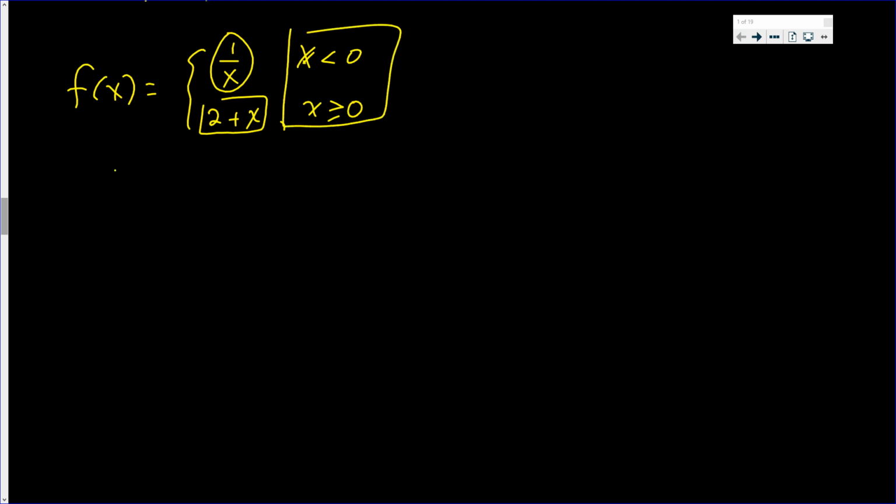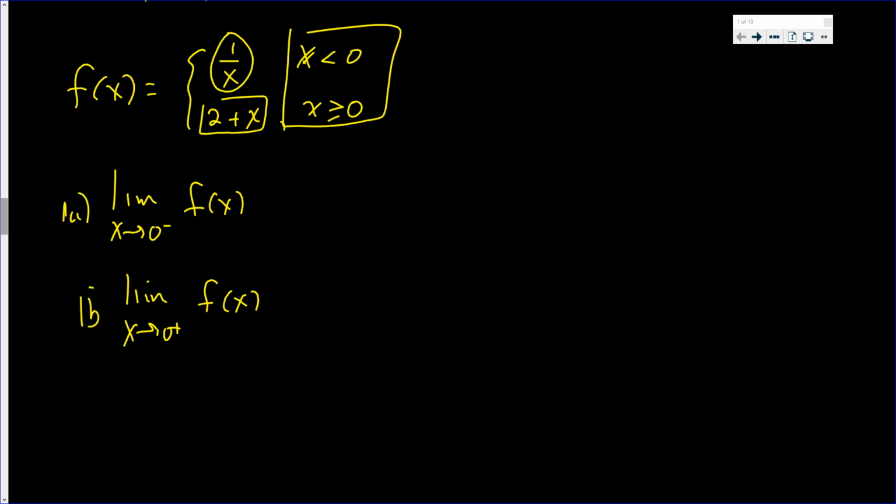Okay, so we compute the limit as x goes to 0 minus of f of x. We compute the limit as x goes to 0 plus of f of x. This is 1a. This is 1b. I mean to write the limit as x goes to 0 minus.